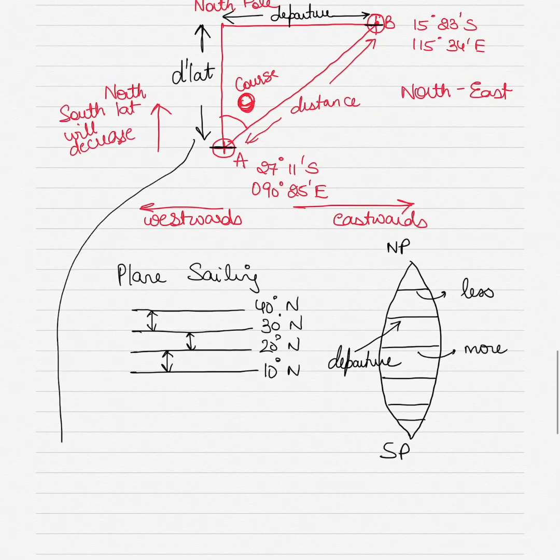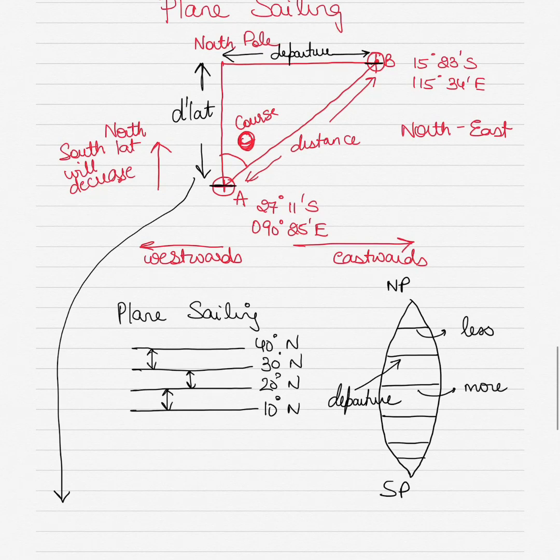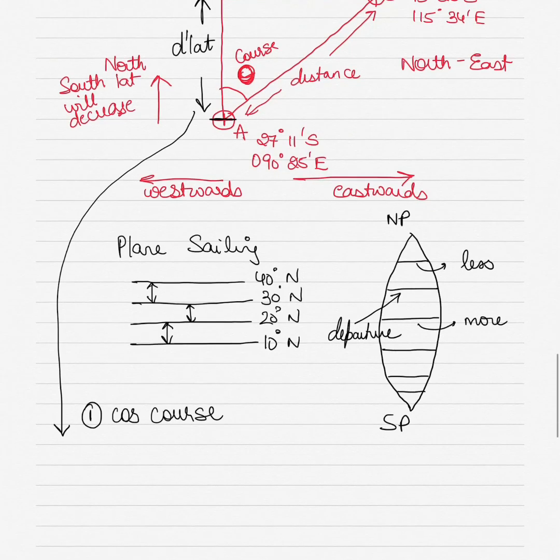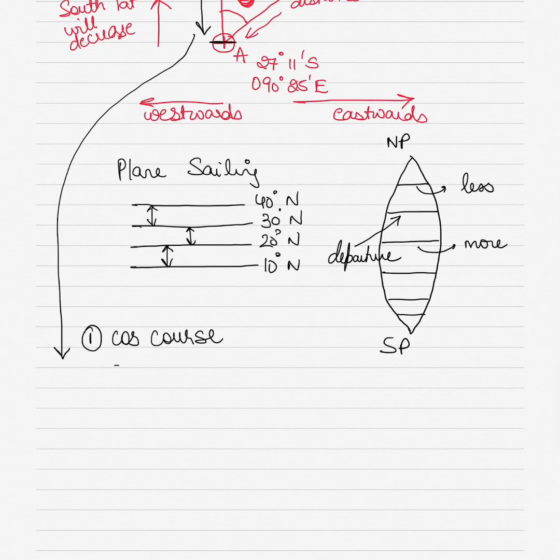Now from this diagram here, once you draw the diagram and you have seen the course and the distance and the d-lat and the departure, you can now derive the formulas for plane sailing. So the first formula would be, let's say, cos of course. Now cos of any angle in a right angle plane triangle is always equal to base upon the hypotenuse.